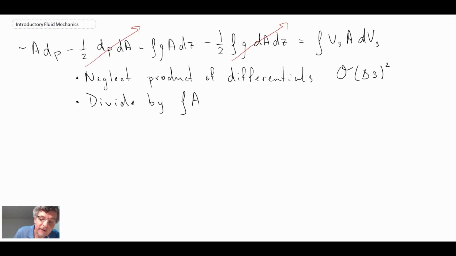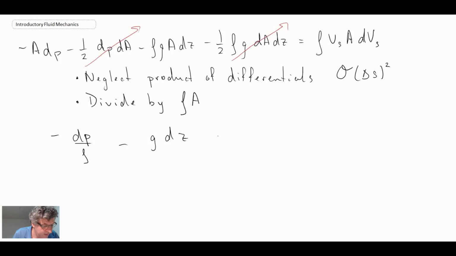So we divide the entire equation by rho A, and what do we get? For the first term, we have minus dP divided by rho, and then we get rid of the rho and the A, so we get a minus g dz.